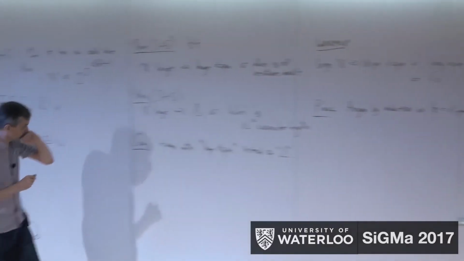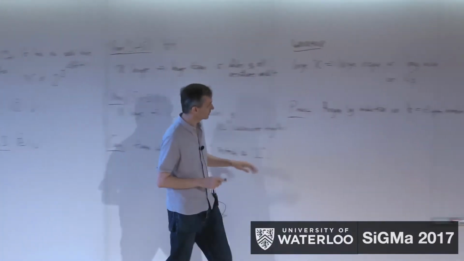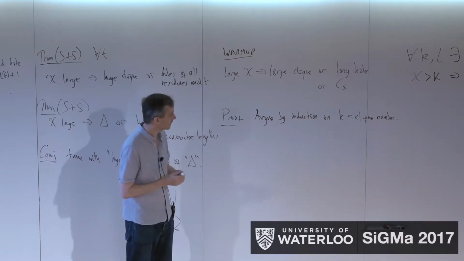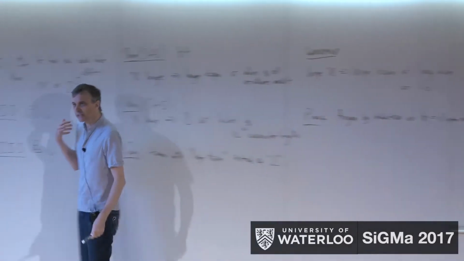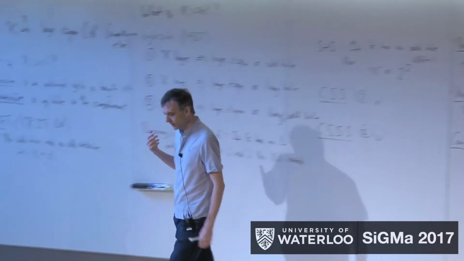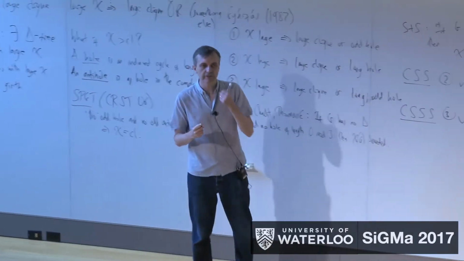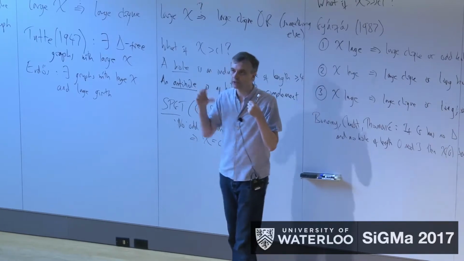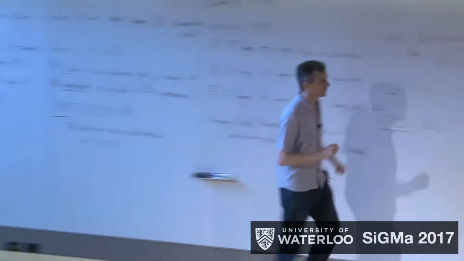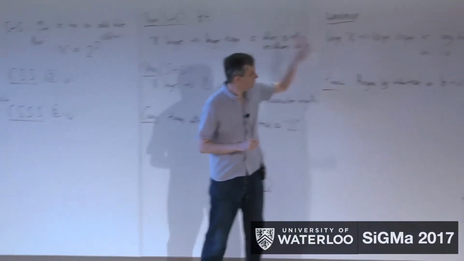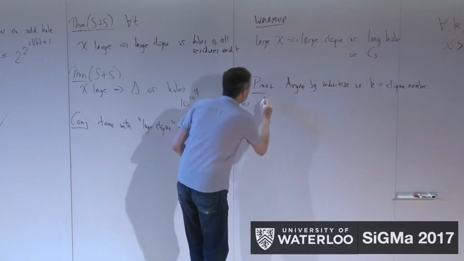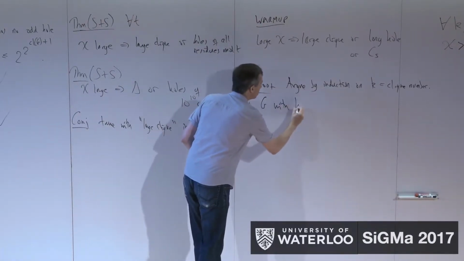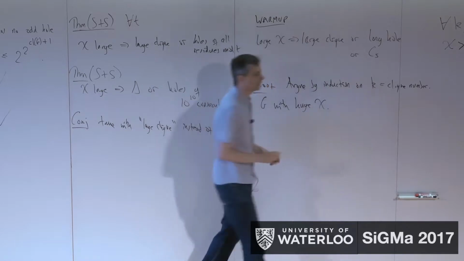Okay, so let's argue by induction on k equals the clique number. So let's assume we're doing the inductive step. So we can certainly assume that for every vertex, its neighborhood has bounded chromatic number, because the clique number is smaller. So we're assuming we have a graph G with huge chromatic number.